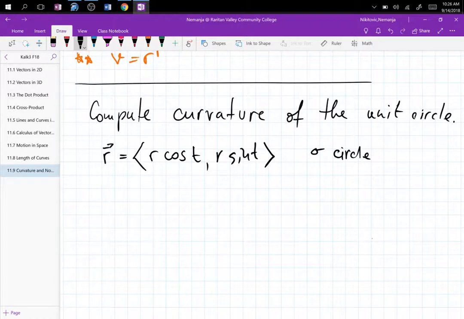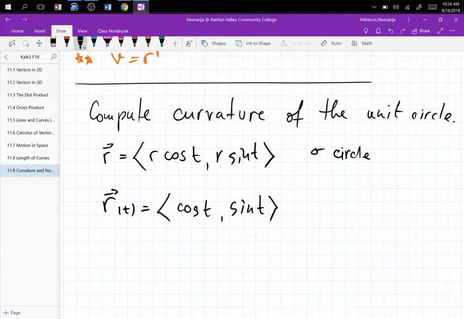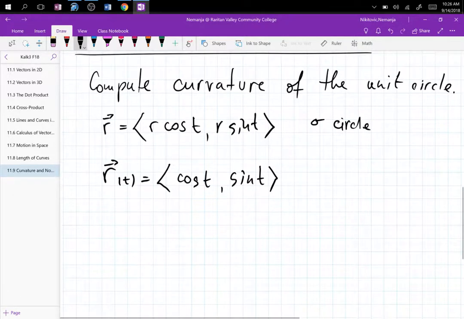Now, what's the unit circle, the one that we need? What's the radius in the unit circle? So R is equal to 1. So we have cosine t, sine t. Great. Now you have your unit circle parametric equations.